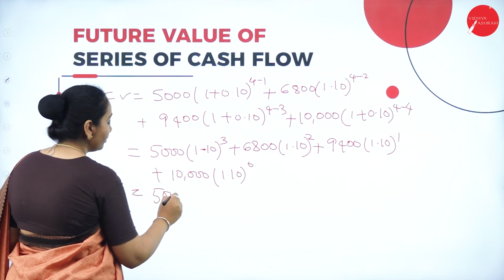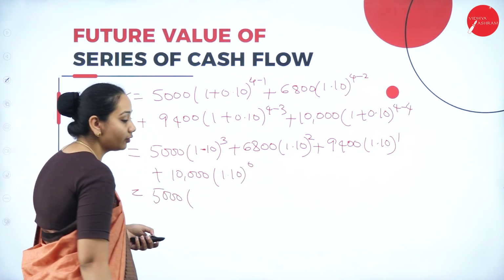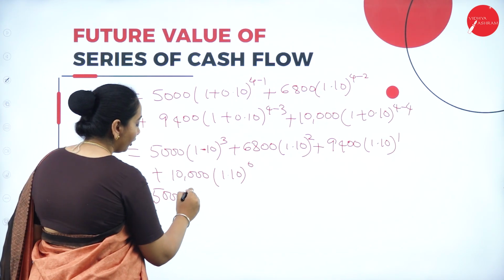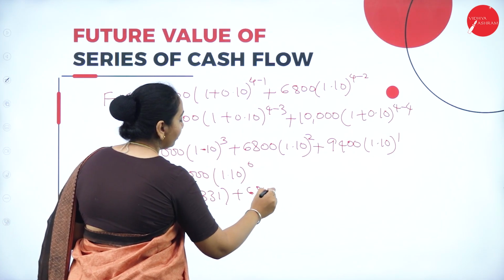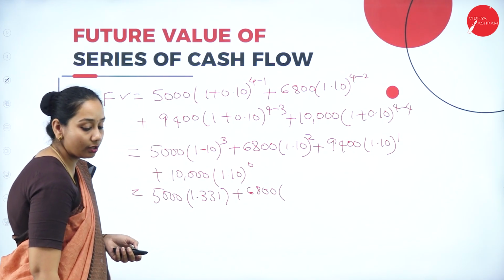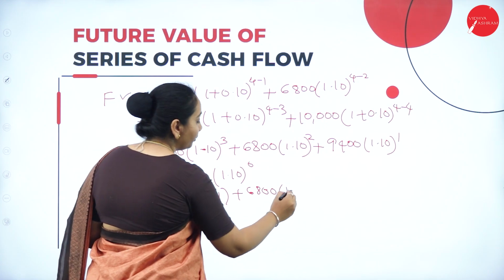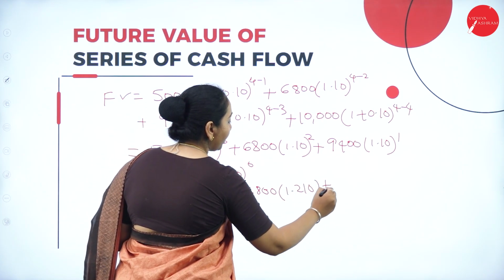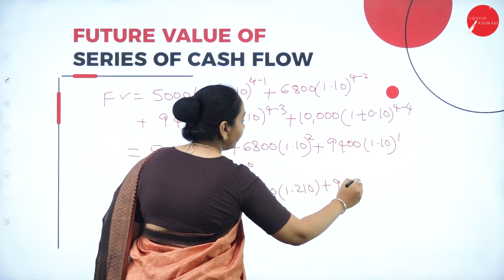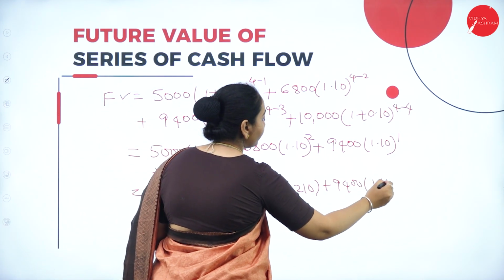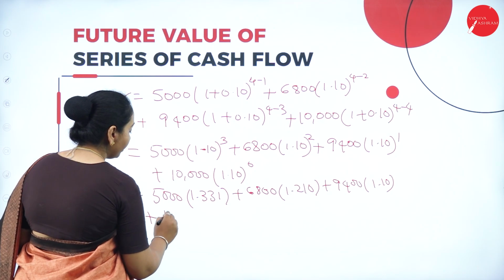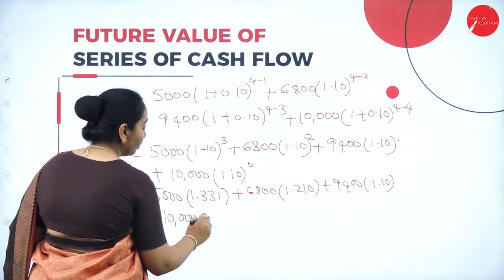So 1.10 to the power of 3 will get 1.331, 1.10 to the power of 2 will get 1.210, and 1.10 to the power of 1 will get 1.10.